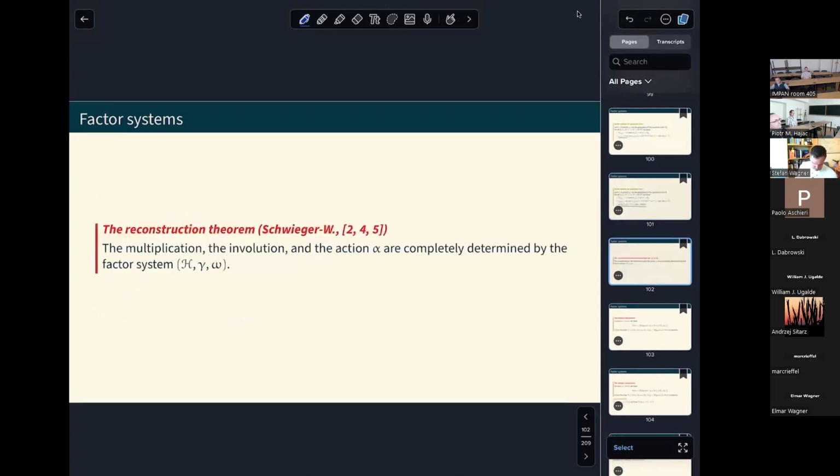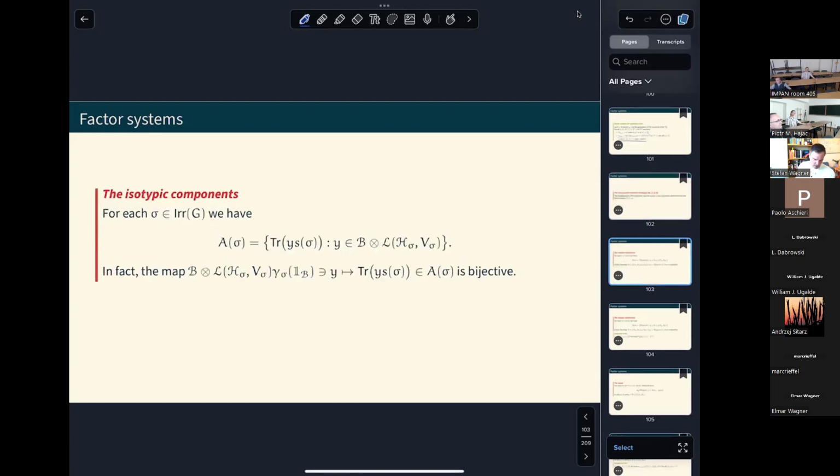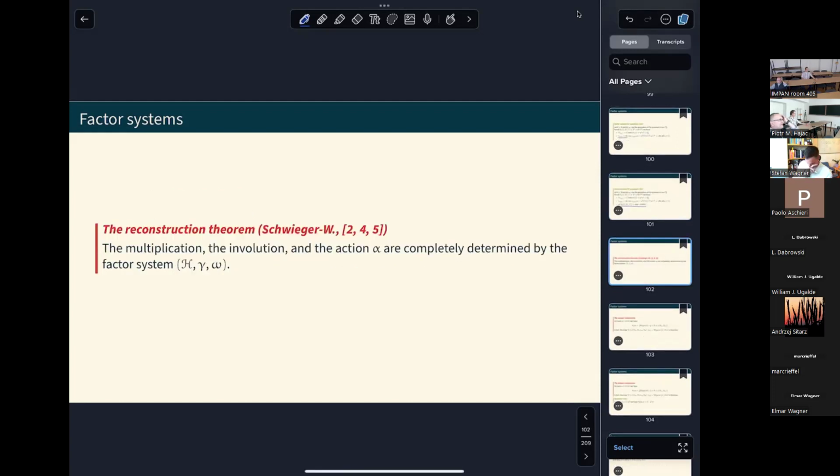All right. And then there's the reconstruction theorem, just like in the case of the group extensions, that the multiplication, the involution, and the actions are completely determined by the factor system. Sorry, Stefan, could you please explain what you mean by involution?